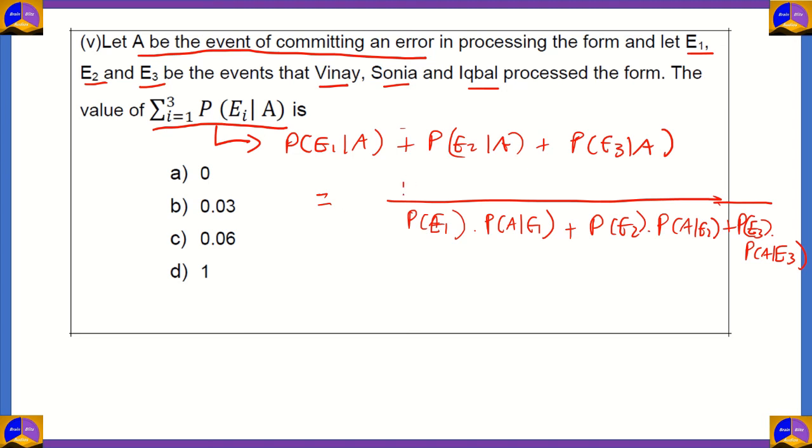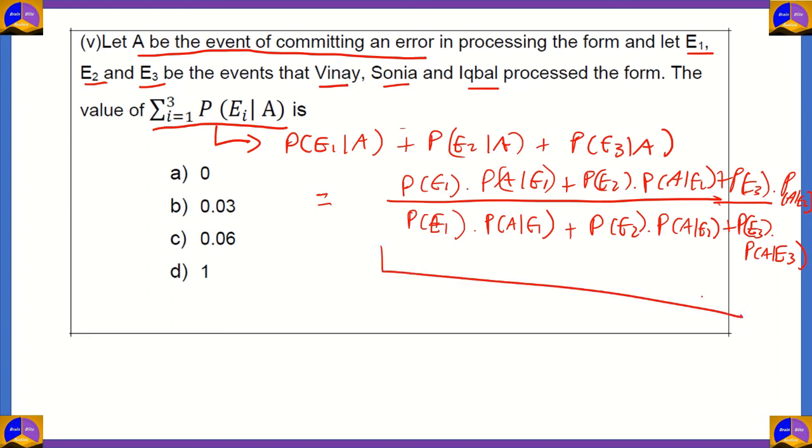The numerators, if you look at them, will be exactly the same: P of E1 into P of A given E1 plus P of E2 into P of A given E2 plus P of E3 into P of A given E3. You can write them down separately, and you can see that it will correspond to this equation as you add them up.